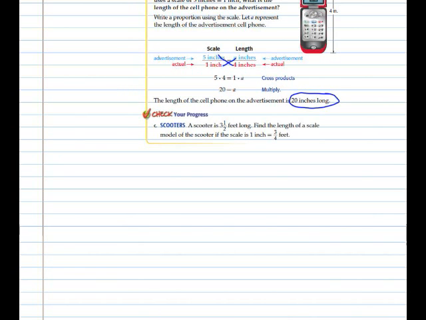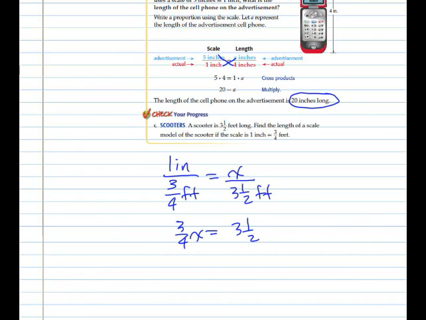Okay, check your progress. The scooter. We use a scale of 1 inch to 3/4 of a foot. That's going to be x inches on our scale drawing to 3 1/2 feet. We do cross products. We get 3/4 x equals 3 1/2. 3/4 x, we're going to multiply that by the reciprocal of 3/4 to get rid of the fraction.